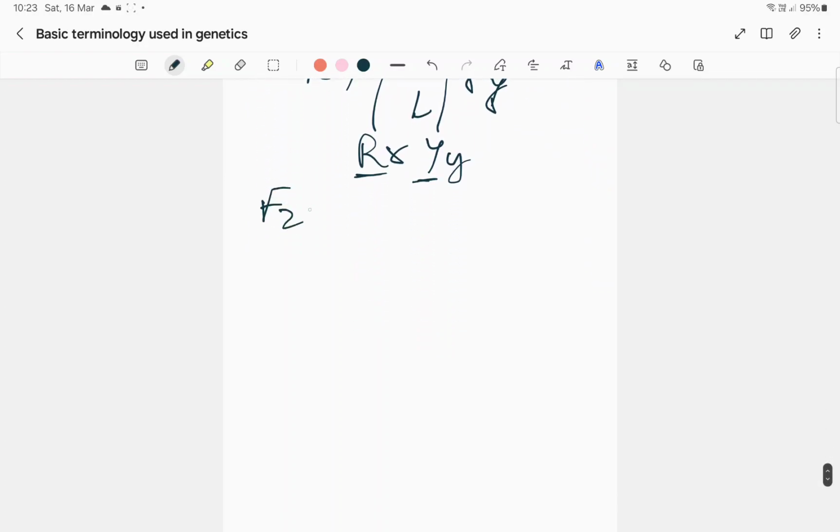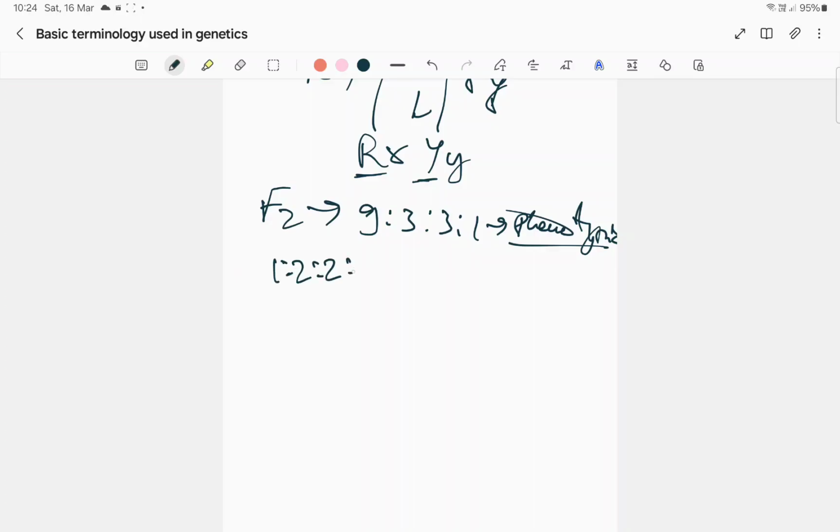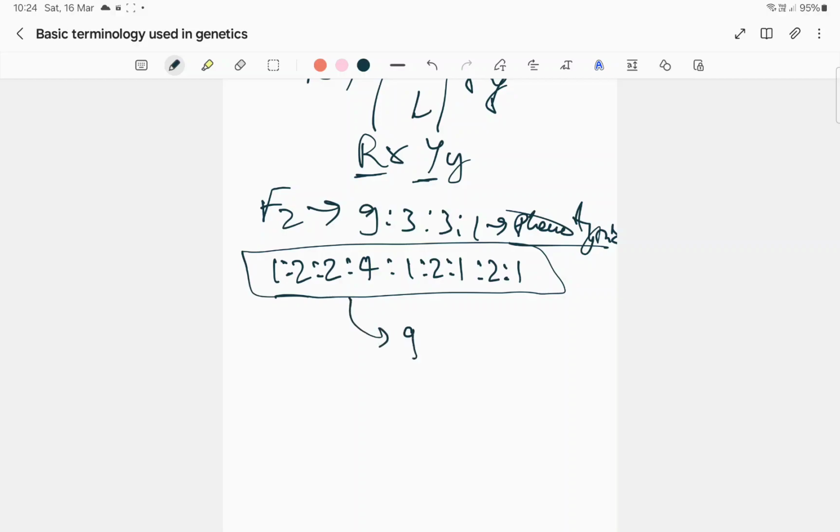F2 will be in the ratio 9:3:3:1. This is the phenotypic ratio. And 1:2:2:4:1:2:1:2:1 is the genotypic ratio.